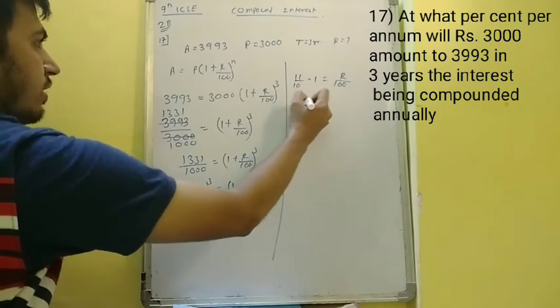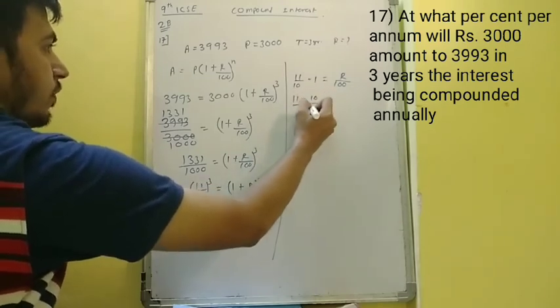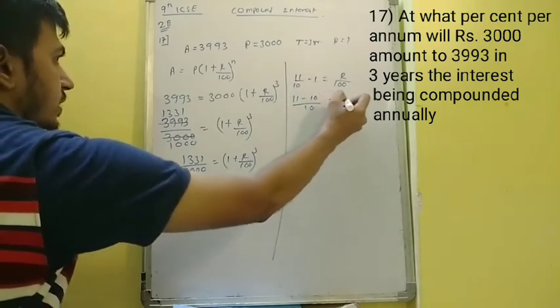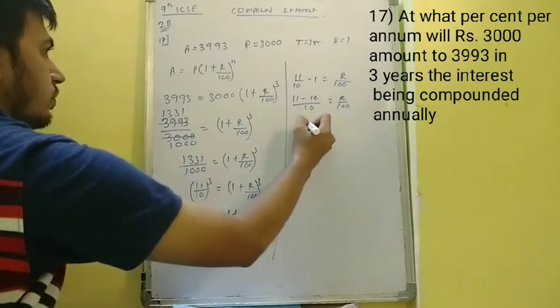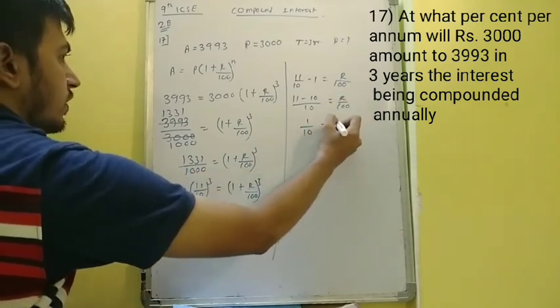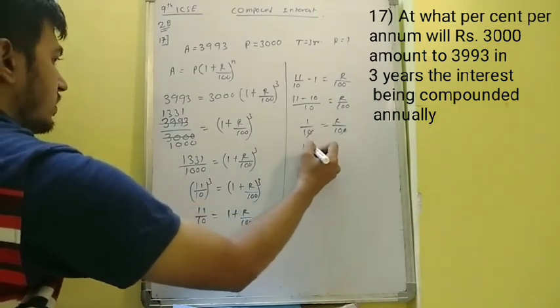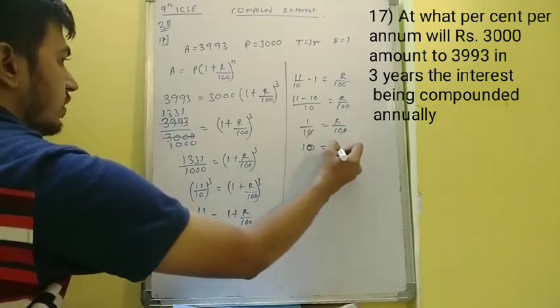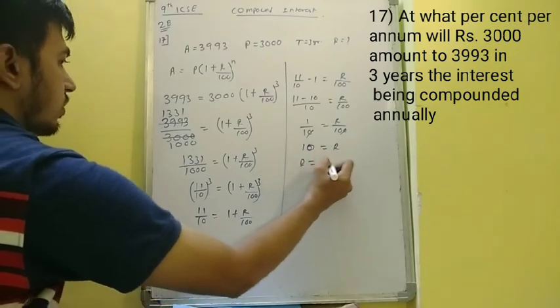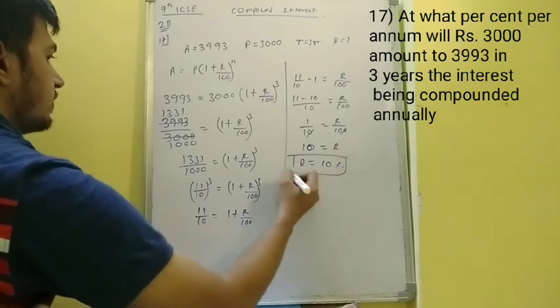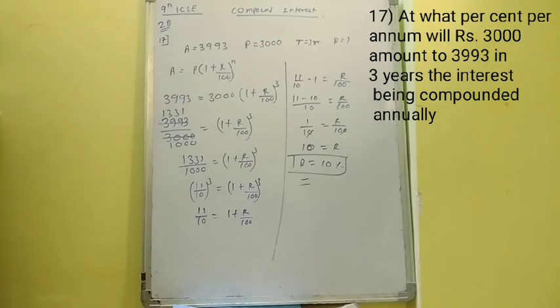So it is 11 minus 10 upon 10. So it is 1 upon 10 is equal to R upon 100. 0, 0 will get cancelled. So 10 is equal to R. That is R is equal to 10%. So the rate of interest is 10%.